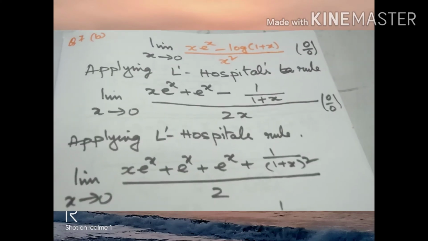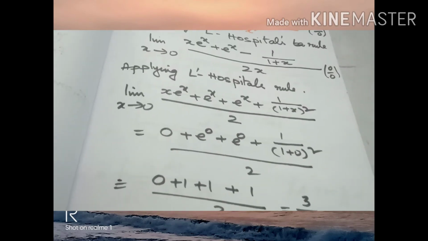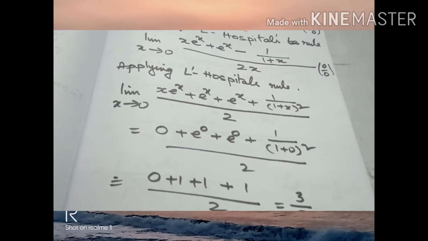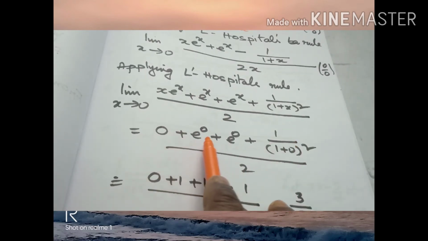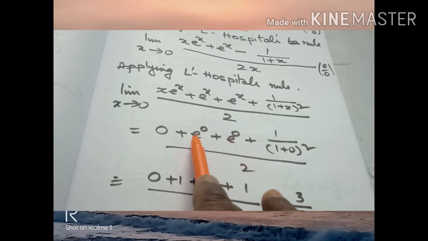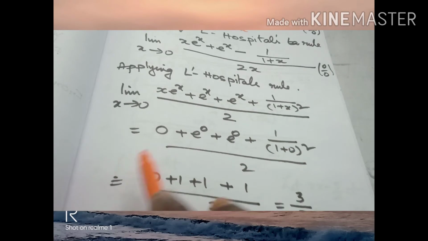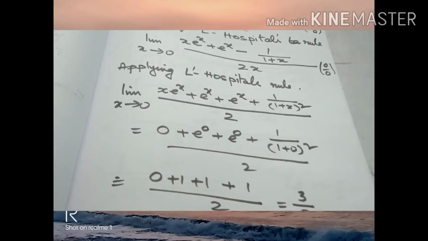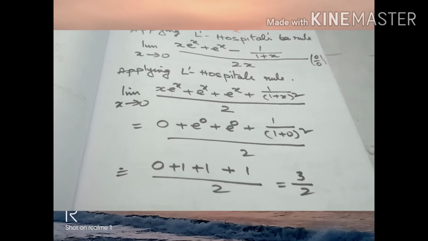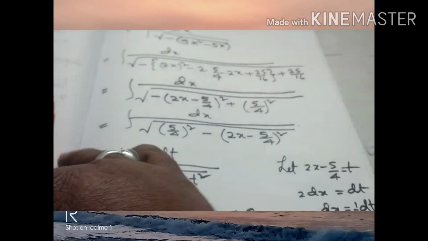Then again it is in the form 0 by 0, so again we find the derivative. So we get e to the power 0 plus 0, e to the power 0 is 1, and 1 by 1 plus 0 is 1. So 1 plus 1 is 2, plus 1, 3 by 2. So this is the value of the given limit.